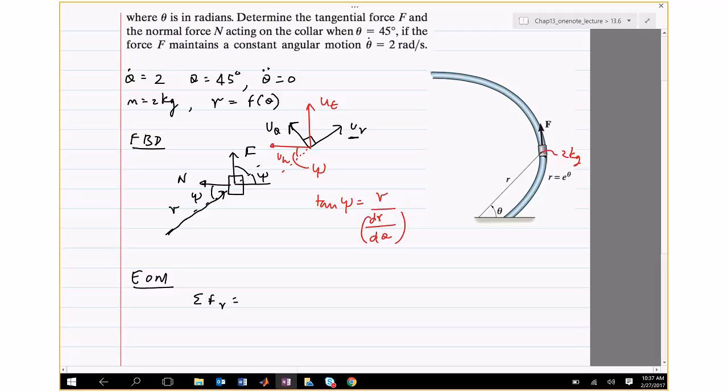So in the r direction, if you resolve n along r, it's going to point opposite to ur, so that's going to be n cosine psi. F, on the other hand, points along the direction of r when you resolve it. So F cosine of 90 minus psi, that's sine of psi. This is going to be negative, this is going to be positive.